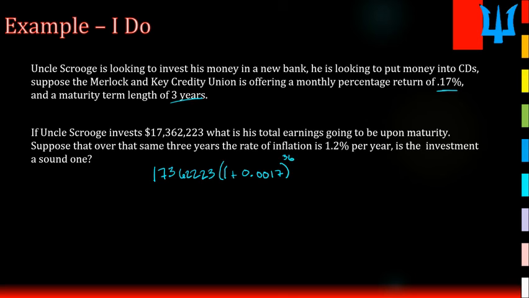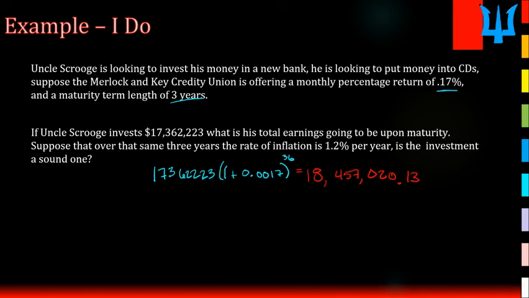So when I go ahead and plug that into my calculator to figure out how much money that would be worth, what I'm going to end up getting would be approximately $18,457,020.13.